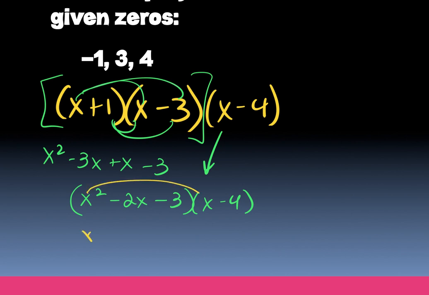X squared times x, x to the third. X squared times negative 4, negative 4x squared. Negative 2x and positive x, negative 2x squared. Negative 2x and negative 4, positive 8x. And the last one, negative 3x, positive 12.